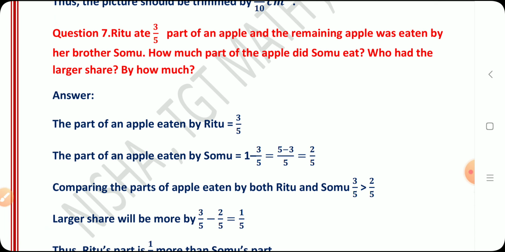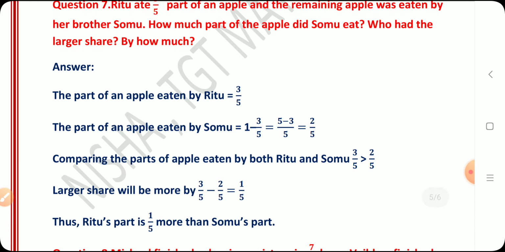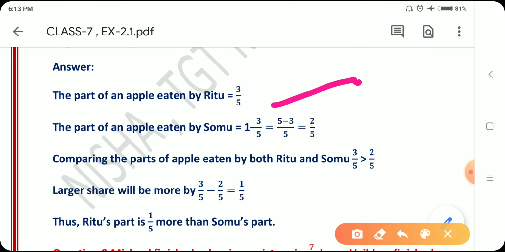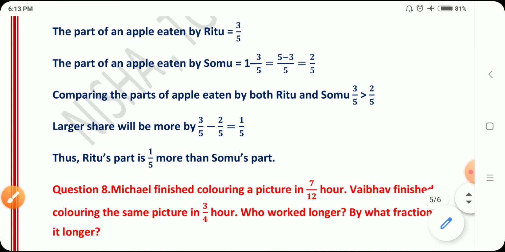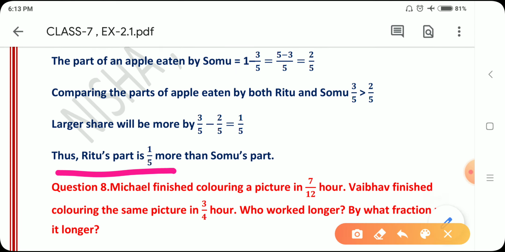You have to tell how much part of the apple both have eaten. Ritu's part is given, Sonu's part you have calculated, and then you will check that the share of Ritu is larger than Sonu's. So thus Ritu's part is 1 by 5 more than Sonu's part.